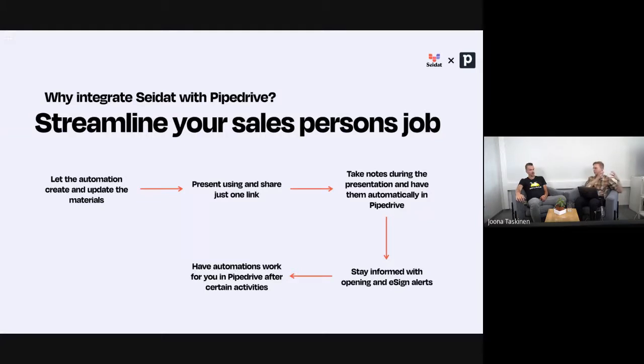Or if not all of the required information is already in Pipedrive, then you just use the automation, and you fill in and edit it in Seidat later. Both are options, and typically I would say the latter might be the use case in many situations: you have part of the information, you want the automation to take care of that, and then when you have the customer meetings and everything, you update them later.